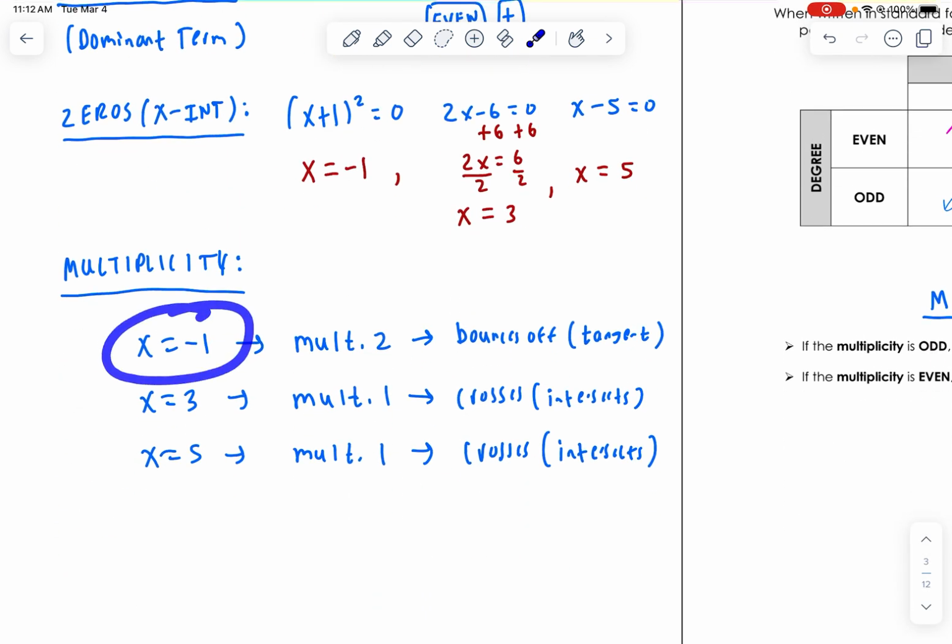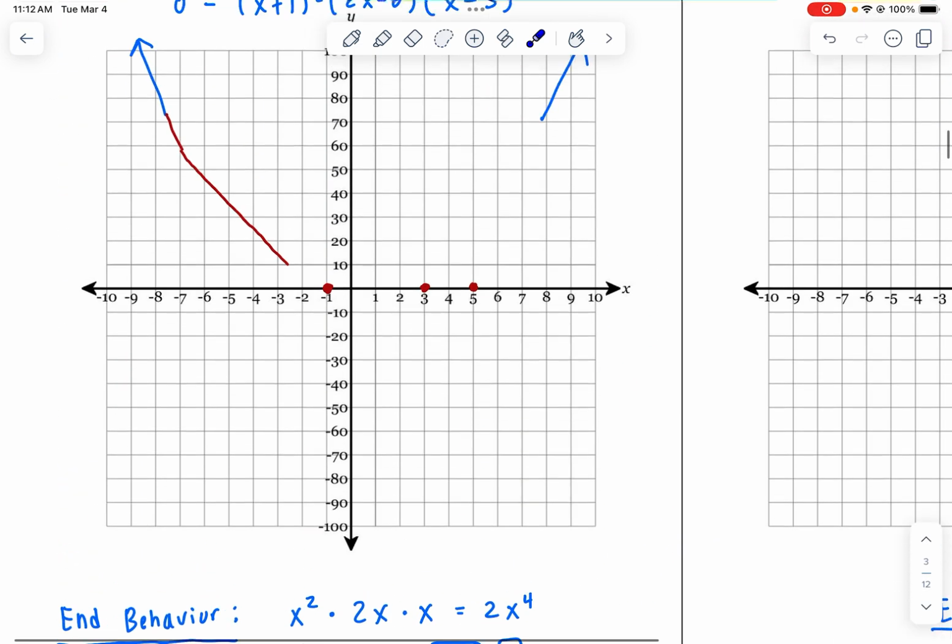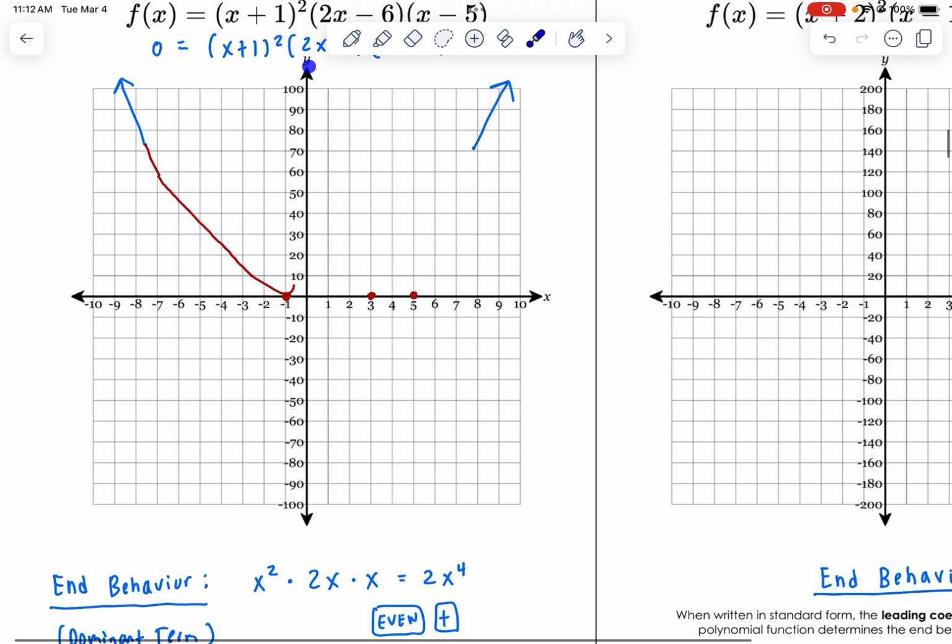So at -1, we said that based on this multiplicity, we're going to be bouncing off the x-axis. So we're going to bounce off that 0. So when I approach -1, I'm not going to intersect. I'm going to make sure I bounce off at -1. So I bounce off.